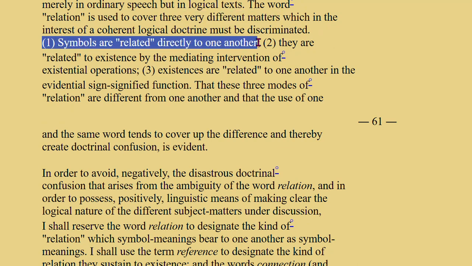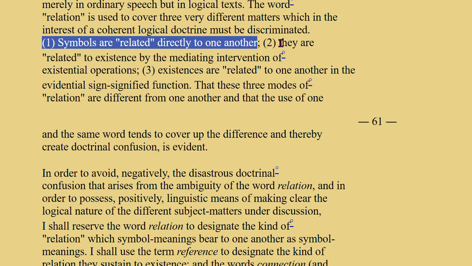So number one, symbols are related directly to one another, right? We talk about symbols being related. So we might relate the word, there's an example that I'll maybe use, we might relate the word smoke to fog, right? As having a similar kind of meaning in some way.